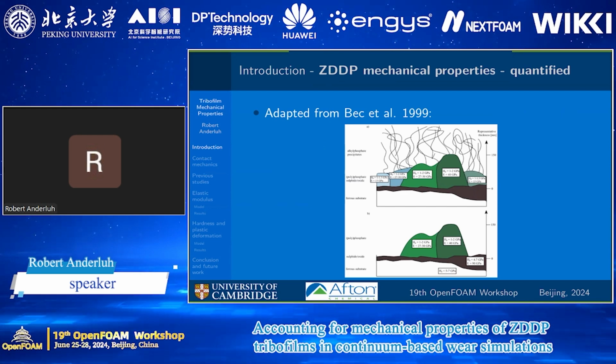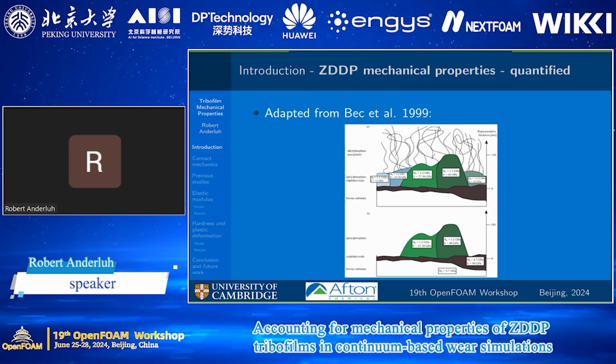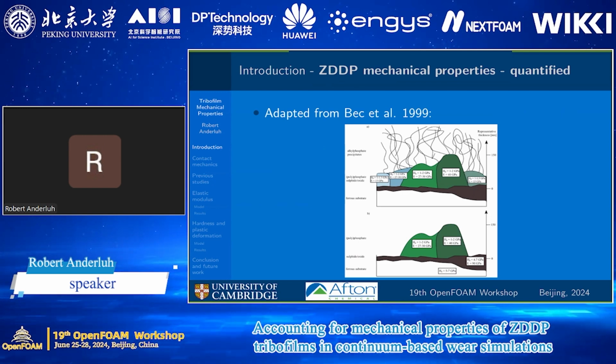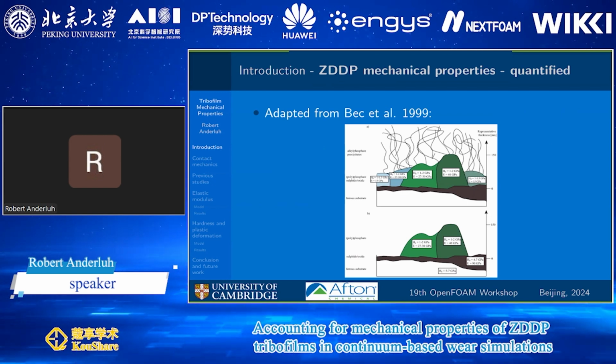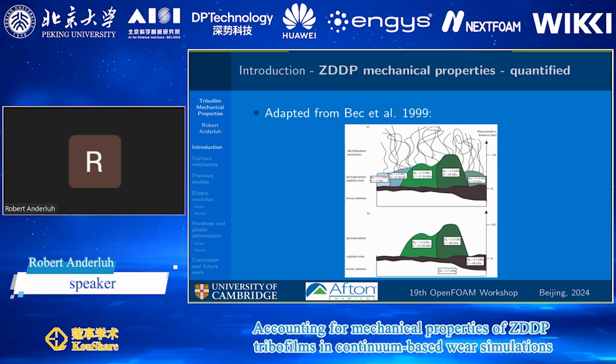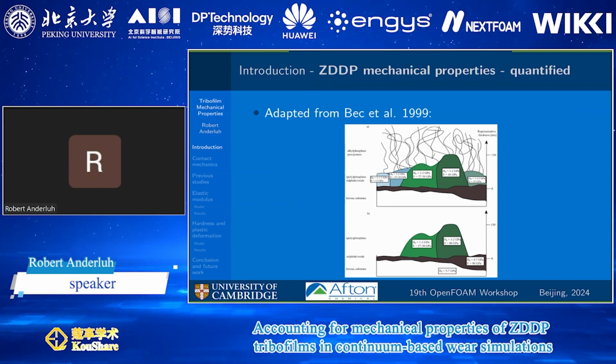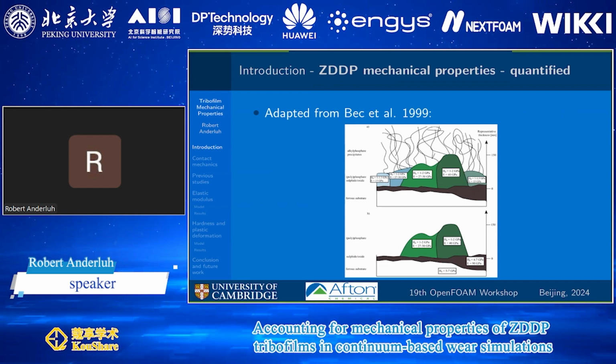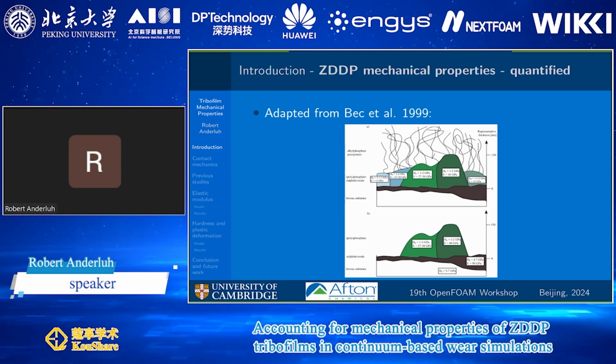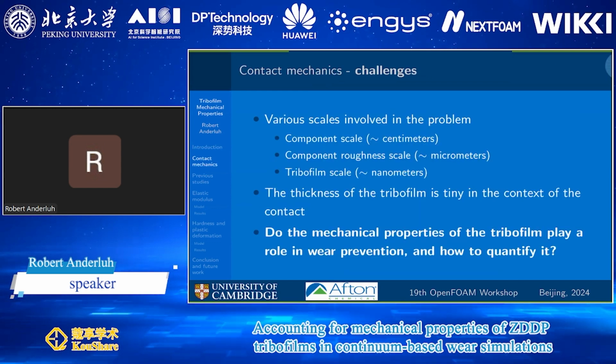For hardness, steel, again depending on the type of steel, can be up to 5-7 gigapascals. For the tribofilm, we see about 1 to sometimes up to 3 gigapascals. So they are definitely lower values.